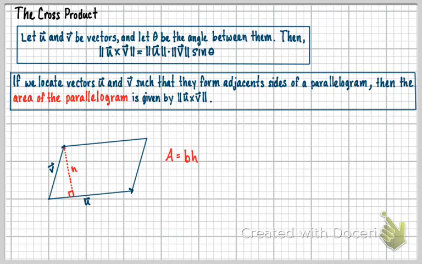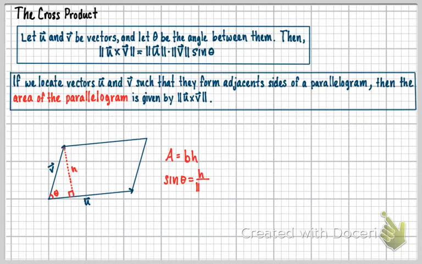So I'm going to think of this angle theta here. I know the opposite side is what I want to find, and I also know the hypotenuse. So what uses the opposite and the hypotenuse? It would be the sine of theta. So the sine of theta equals the opposite, which is h, over the magnitude of v.